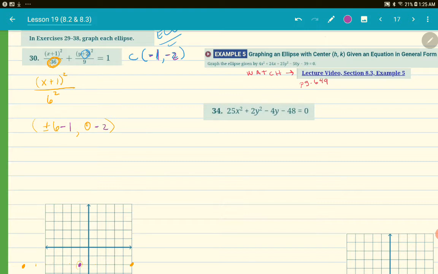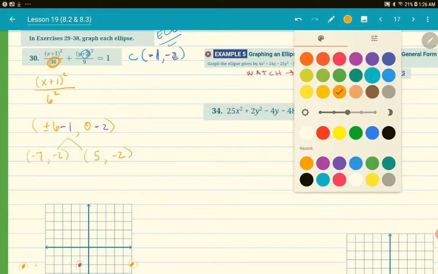So that shifts my vertices as well. Now I get these two vertices: -6 minus 1 gives me -7, and +6 minus 1 gives me 5, and 0 minus 2 gives me -2 for both of these. And you can see graphically that's also what we came up with. So algebraically and graphically, we get the same answer, just a different way to look at it.